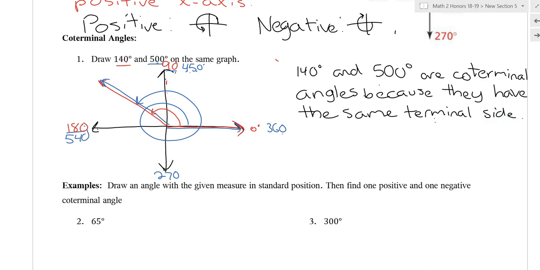Okay, so both of them end here, exactly the same, even though they're different measurements, okay?